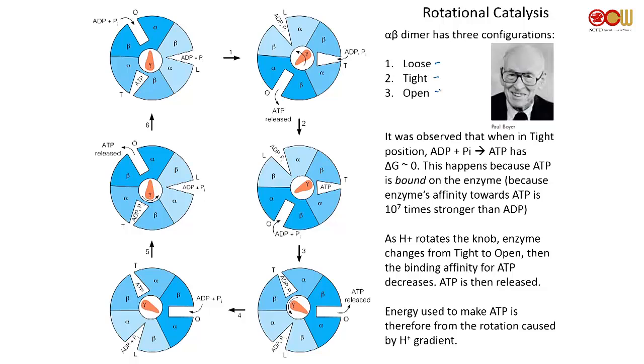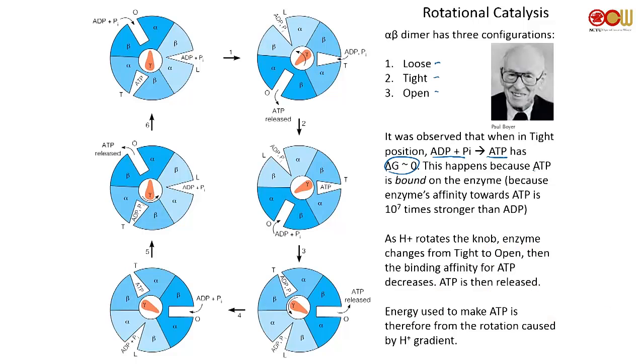So what happens is this. It was observed that in the tight position, ADP plus Pi to ATP has a delta G of 0. That's weird, right? Because typically, if you want to make that amount of energy, that should be plus 30. But in this case, it's 0.